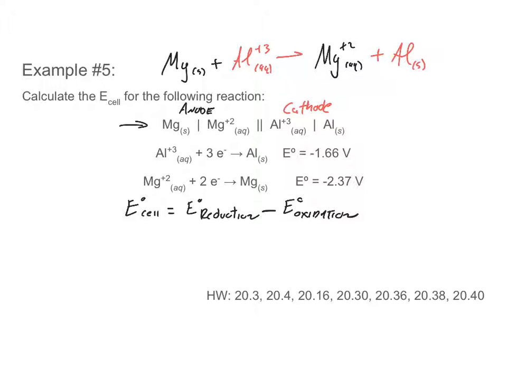Another way that we sometimes look at it is that the reduction side is occurring at the cathode, and the oxidation side is occurring at the anode.